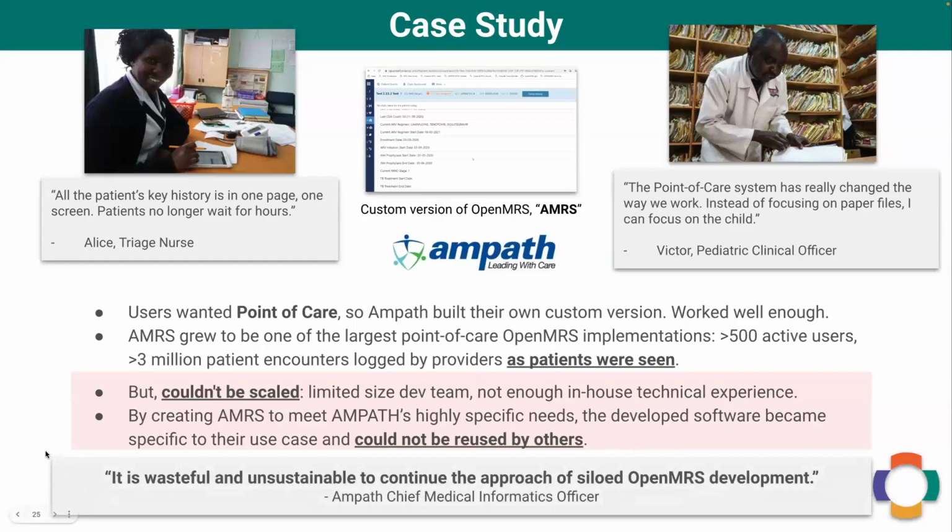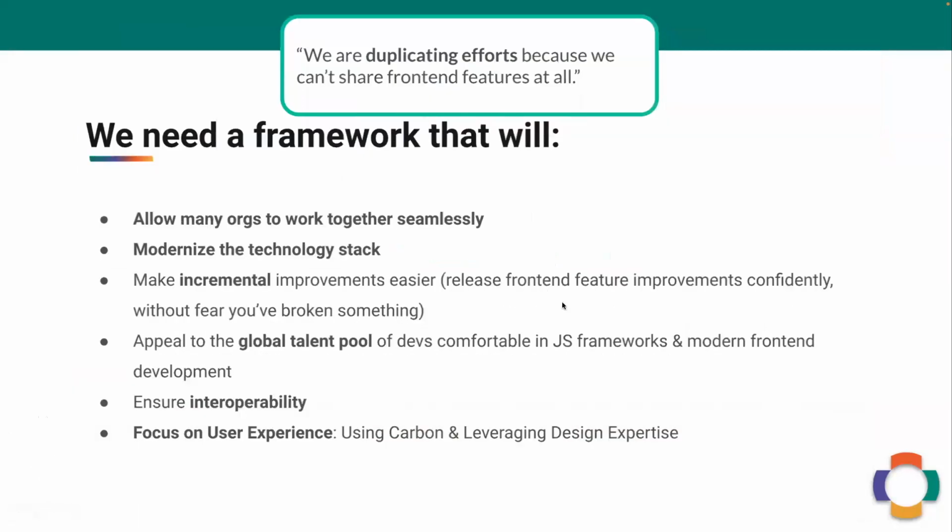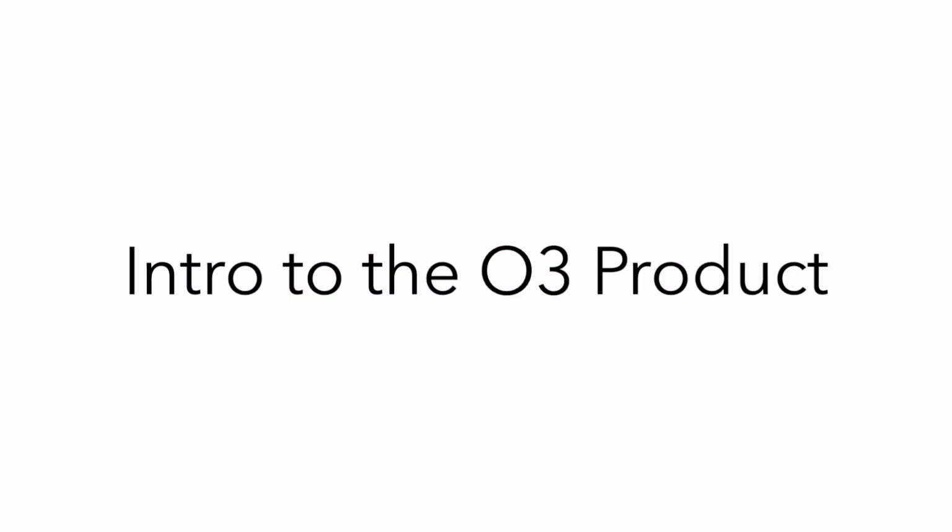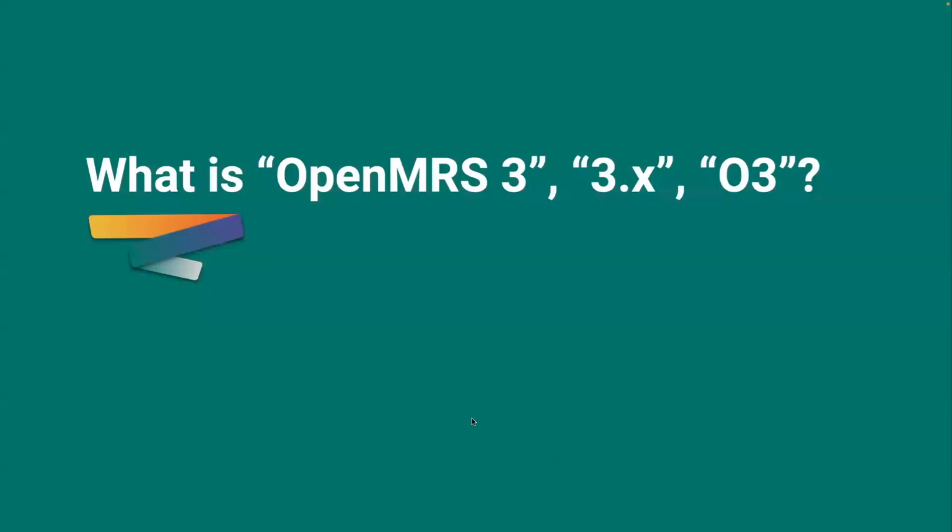And they suddenly realized it's wasteful and unsustainable for us to continue this siloed approach to OpenMRS development. And to their credit, the Ampath team went on to be one of the co-founders of OpenMRS 3. We're going to come back to this.